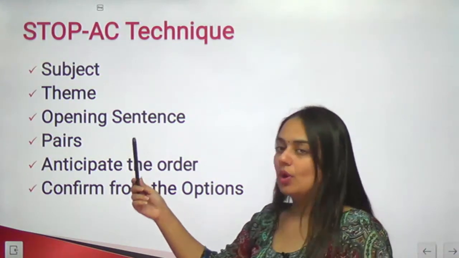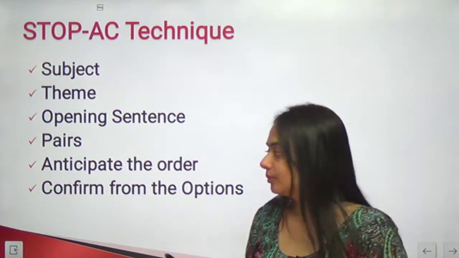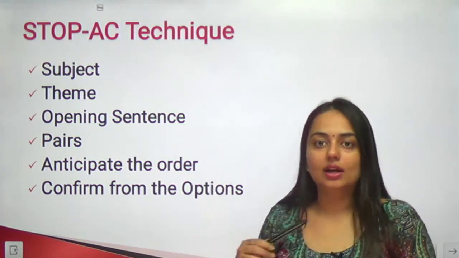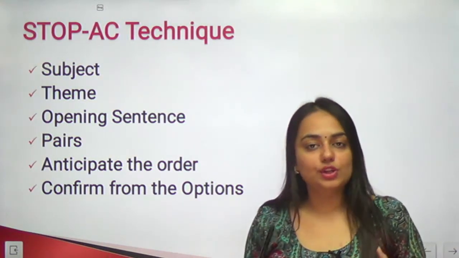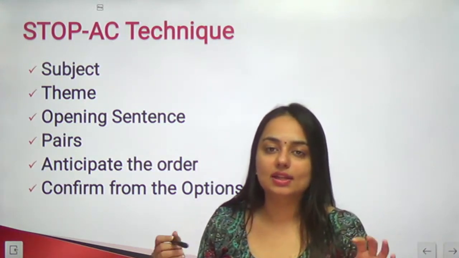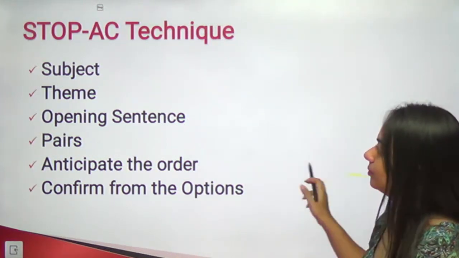Pairs will also help you to identify which sentence is a part of this paragraph and which is not. Anticipate the order on your own. This is for the SR, and if you have to apply it to misfit, you can do that also. After anticipating the order, see which sentence doesn't fit in any position or anywhere at any spot.